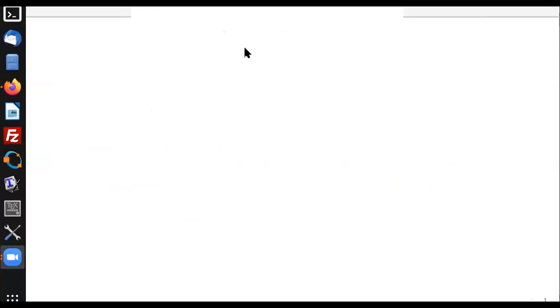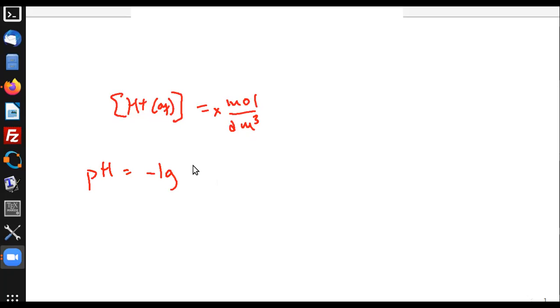I take a whiteboard here now. Say that we have the hydrogen ion concentration, that is, say, moles per cubic decimeter or something like that, and a value. But then pH, if we define that as the logarithm of the hydrogen ion concentration, what is the unit of pH?